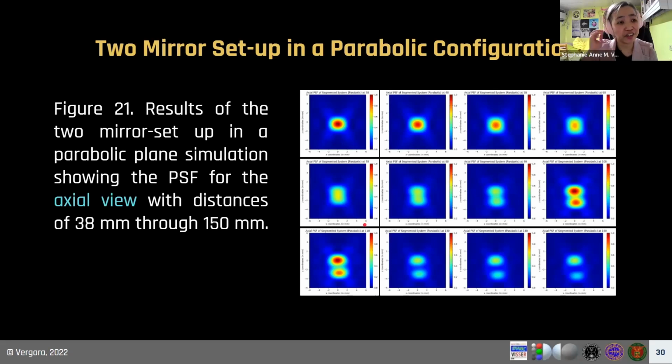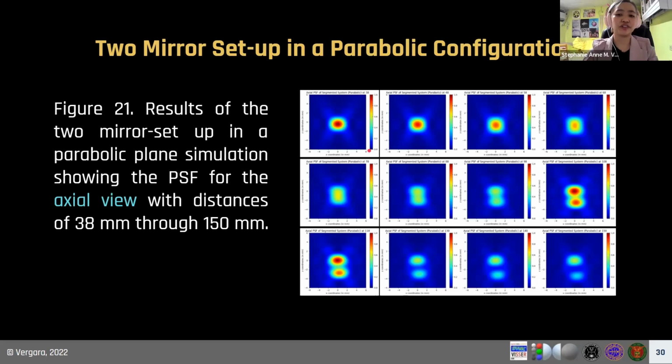There are a total of 75 PSF plots produced for this configuration. Thus, the distances used were chosen since they exhibit significant parts of the results.